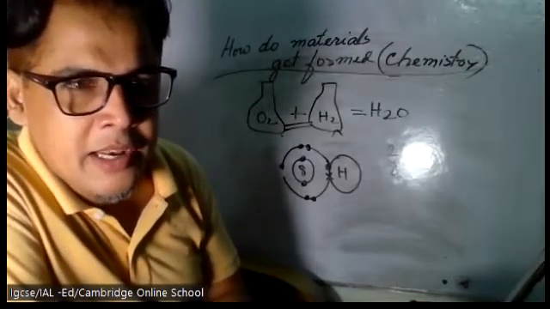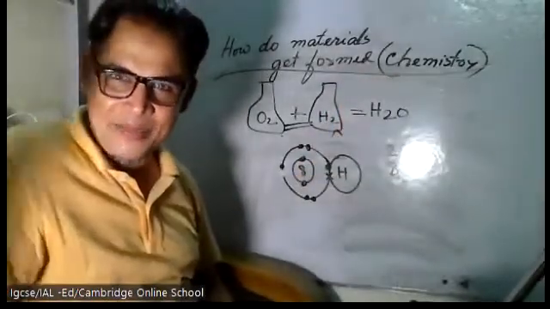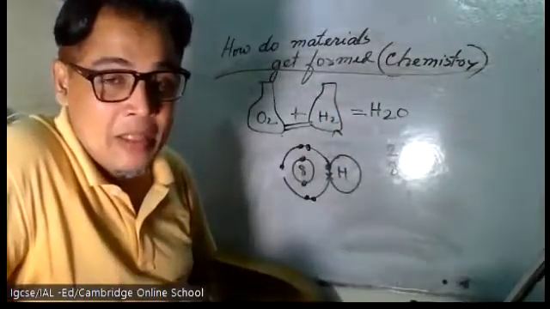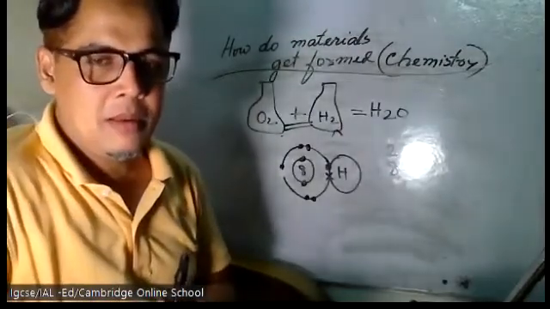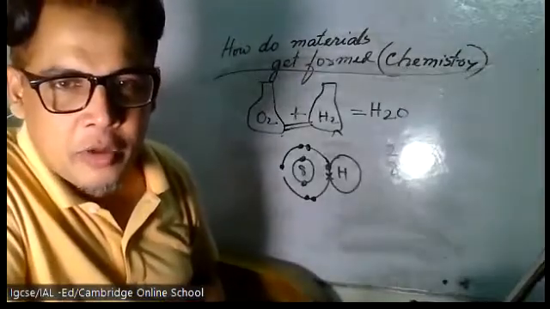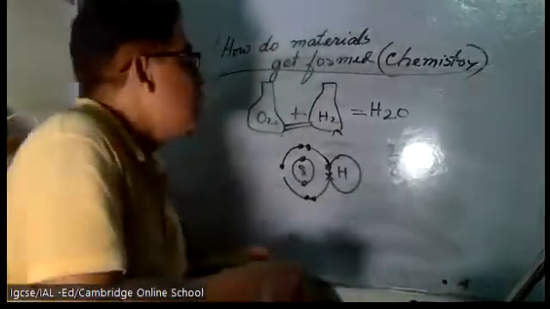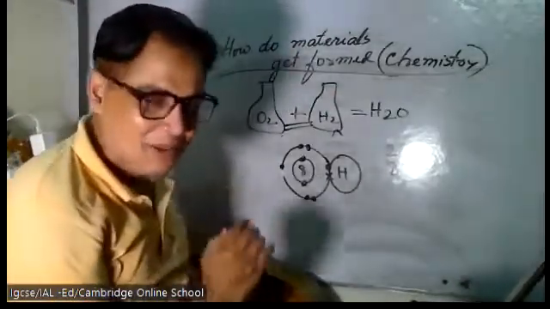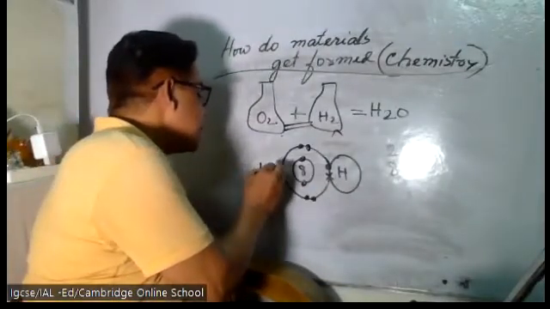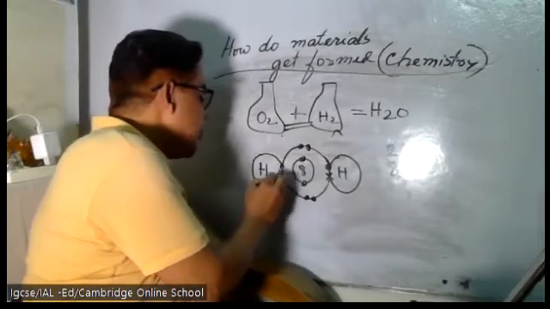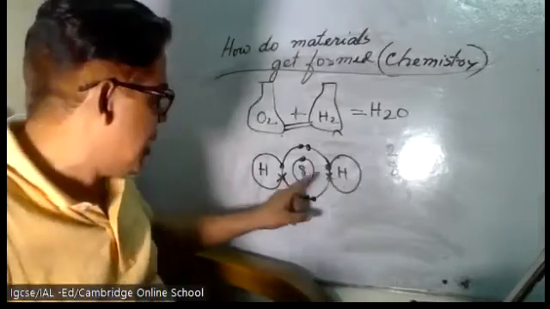Then oxygen gets an idea. Hey, hydrogen, come. Hydrogen comes trembling, like when your father is a factory officer and says, come on, sir. Hydrogen comes and participates with the oxygen. And another hydrogen comes here with the cross. Baba, for your understanding, I have given hydrogen cross and oxygen dot.